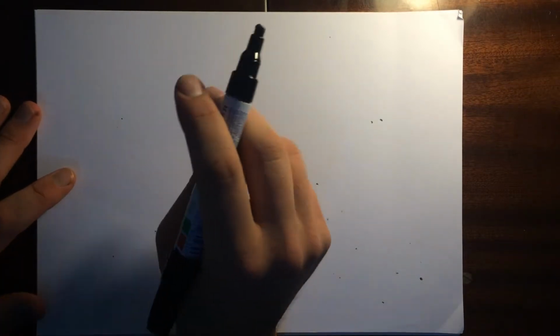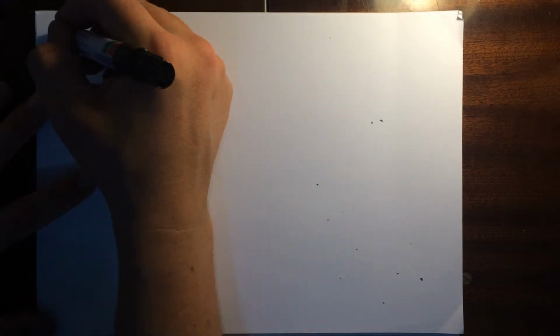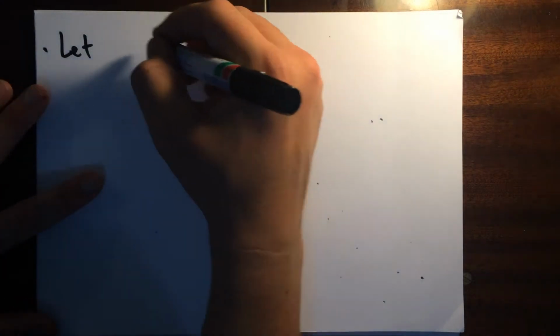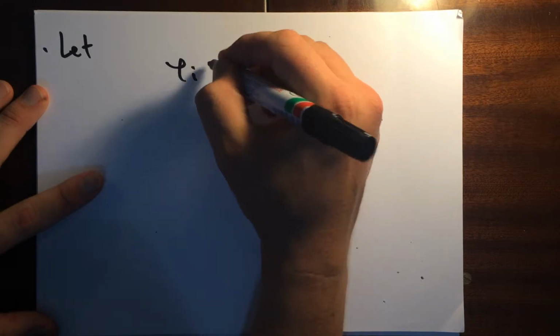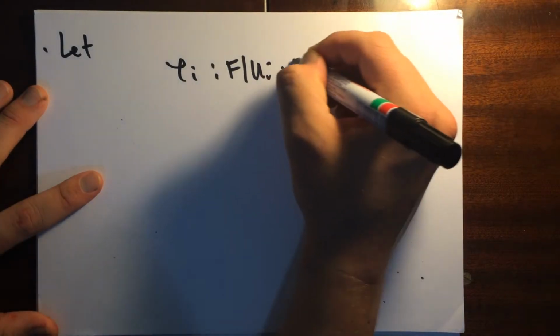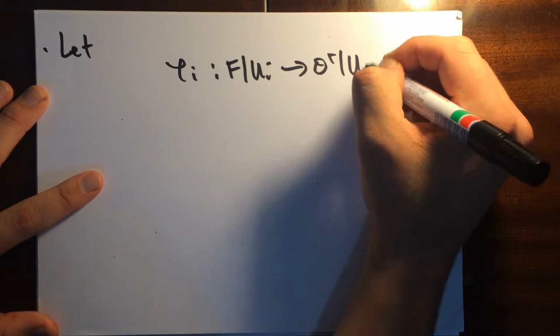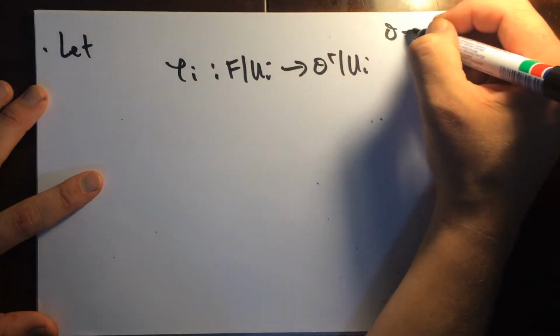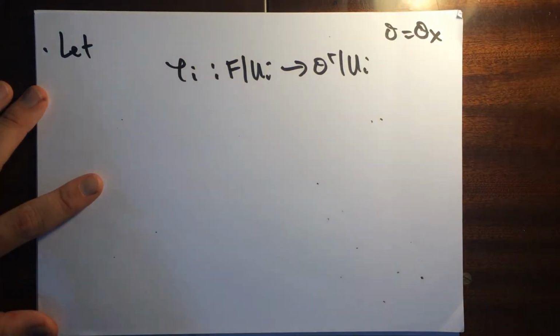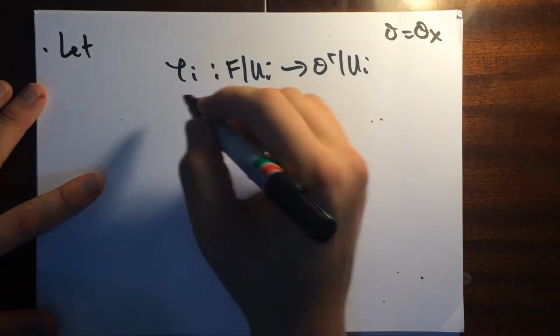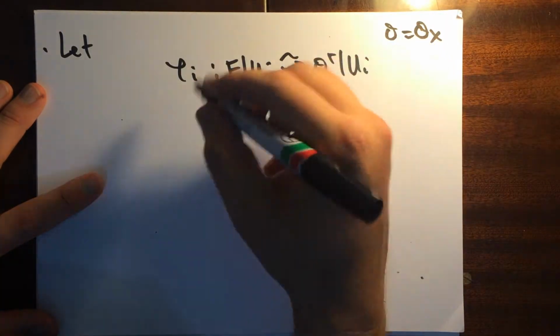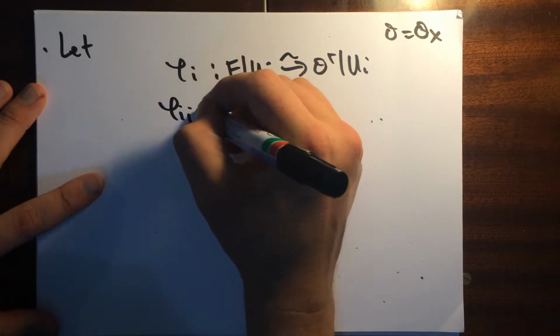I'm going to go and say some things. Let phi from F restricted to UI to O^R of UI be the trivializations, where O is going to be O of X, and I'm just going to omit that. And then what we can do is take the transition maps.